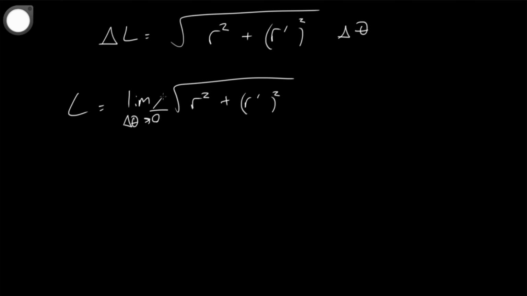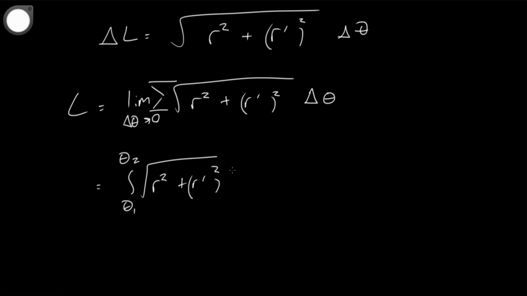This should be a sum, and this becomes, theta 1 to theta 2, your bounds, of r squared plus r prime quantity squared, all rooted, d theta. There is our polar arc length.